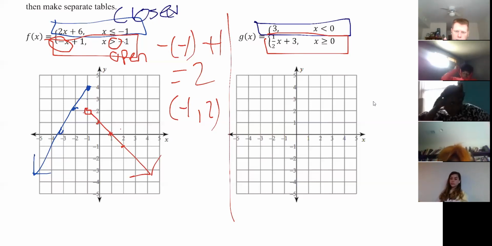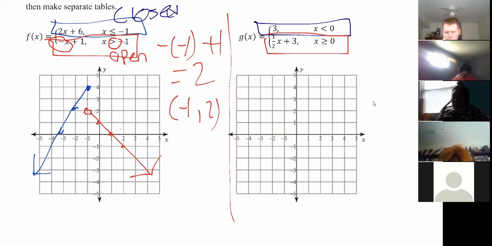But my question is, at 0, is it going to be an open or a closed circle, since it's less than? Do you remember when you first did inequalities, you graphed them on a number line, and used open or closed circles? Yeah, this blue one's going to be an open circle. Our first point is at 0, and there's nothing to plug it into, so it's just going to be 3.